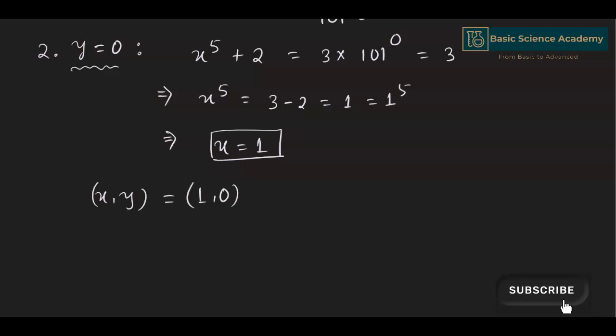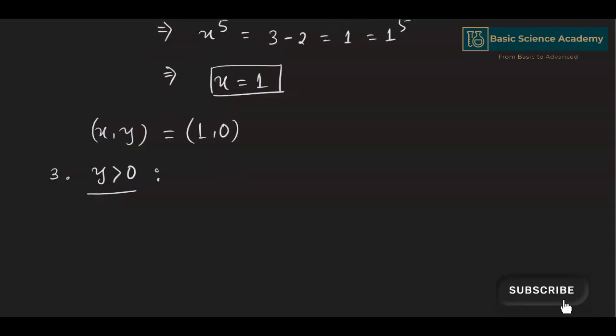Now we will move to the third case, which is y greater than 0. When y is greater than 0, the right side of the equation is always a multiple of 101. Since 101 is a prime number, the left side of the equation should also be a multiple of 101.